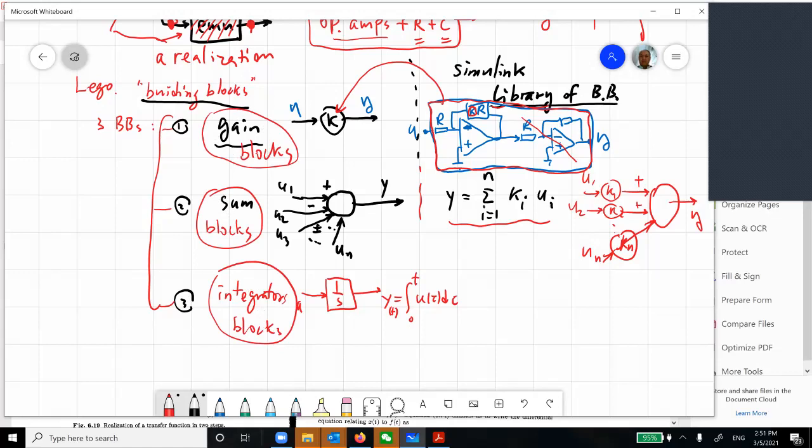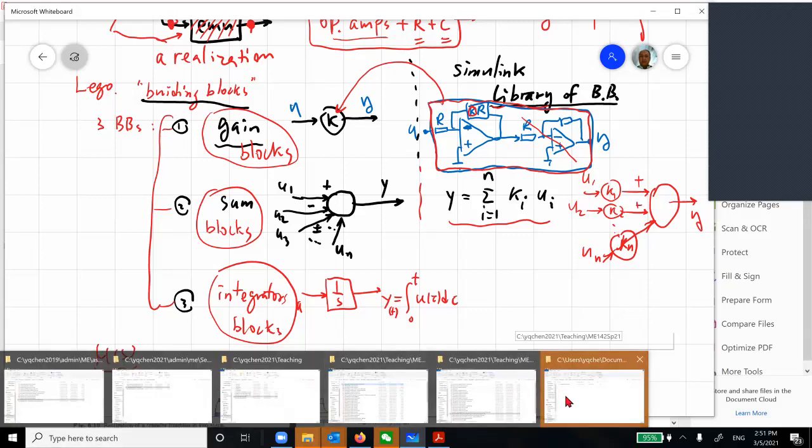Then I just pick up from those. Then I will be able to construct my H(s). So at this point, I hope you start to understand our examples here.